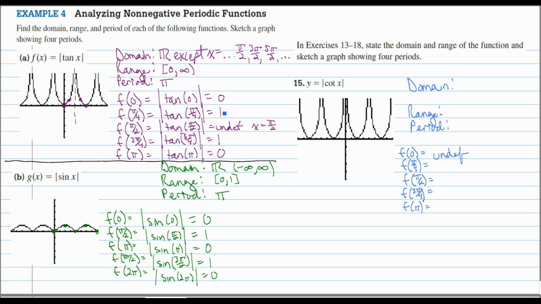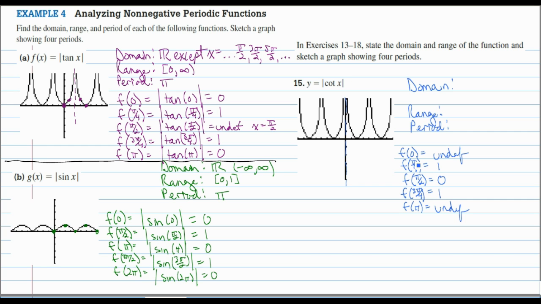F of pi over 4, the reciprocal of 1, is 1. F of pi over 2, now this was 1 over 0, now it's going to be 0 over 1, or 0. F of 3 pi over 4, the reciprocal of 1, is 1. And f of pi in this situation for cotangent, the reciprocal of 0 over 1 is 1 over 0, or undefined. So we have an asymptote at 0.